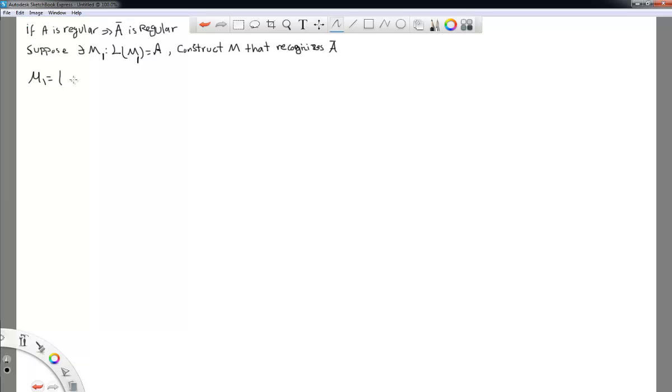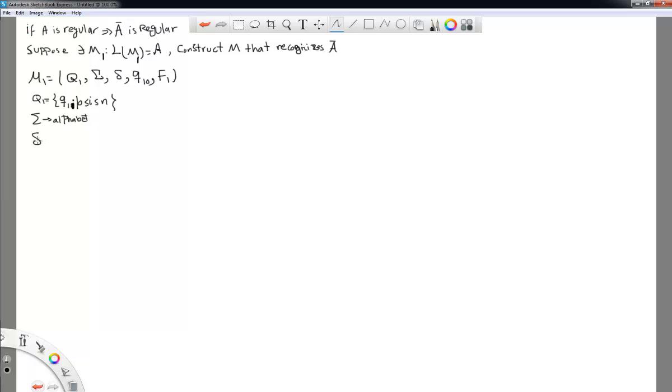M sub 1 would be an automaton with Q sub 1, sigma, the alphabet, delta sub 1, Q sub 1,0, its start state, and F sub 1, a set of its accept states. So the way that it works is that Q sub 1 is going to be a set of all Q1 i's, from 1 to n. Sigma is the alphabet.